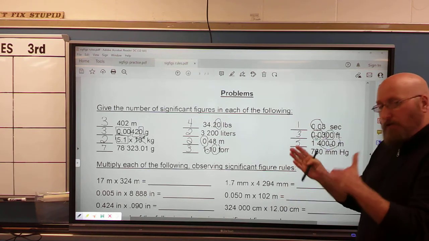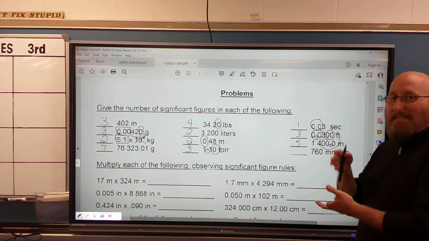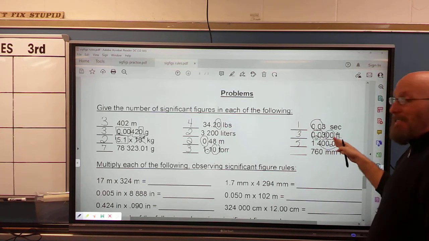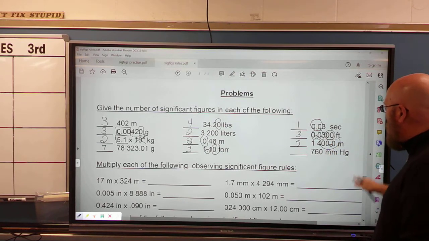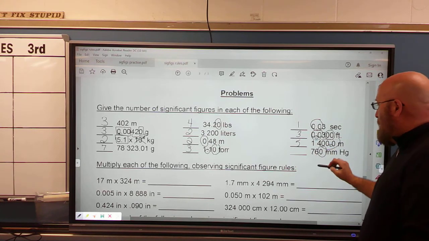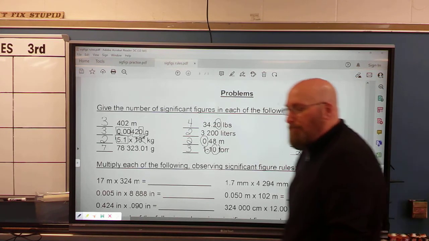We actually measured it out, 1,400.0 meters. So that's an exact number, which means those are statistically significant. And then the last one, 760 millimeters of mercury. The 7 and 6 count, obviously the 0 trailing, no decimal, doesn't count, just 2, okay?